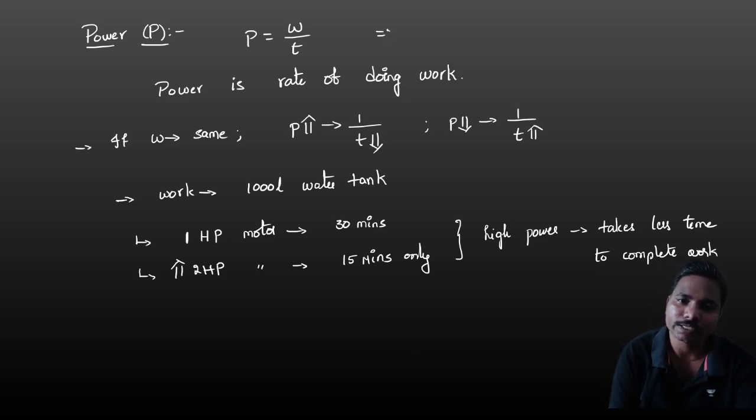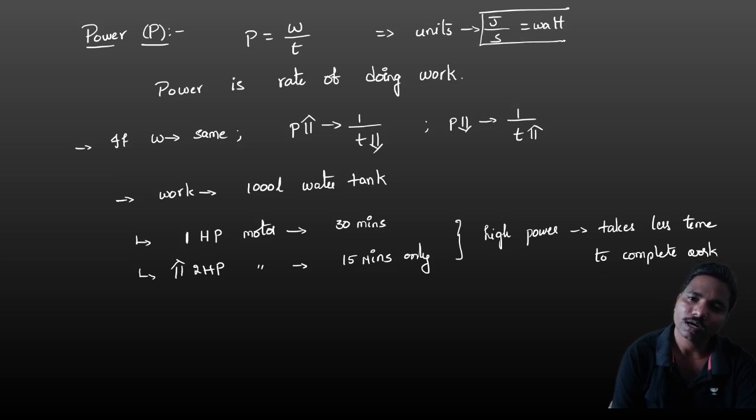Then what will be the units of power? Work is in joules and time in seconds, so the unit is joule per second. 1 joule per second is said to be a watt. We can also give the units of power in horsepower. 1 horsepower is equal to 746 watts of electric power.